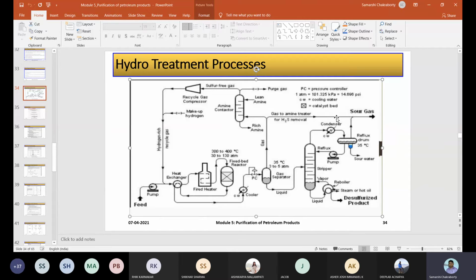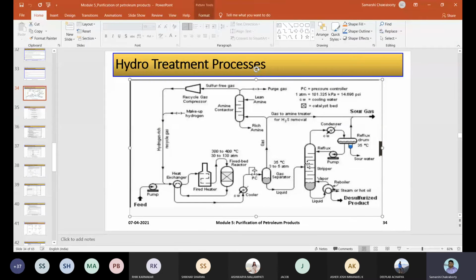I guess I have properly explained the utility of all of these components. Similarly, if I ask the hydro treatment process flow diagram in the exam, you have to draw this diagram and explain the process and individual steps: what is the purpose of this heat exchanger, the fire heater, why we are using a gas separator, what is the utility of your pressure controller, as well as this water cooler.